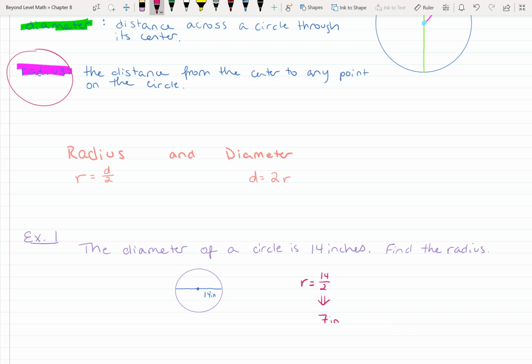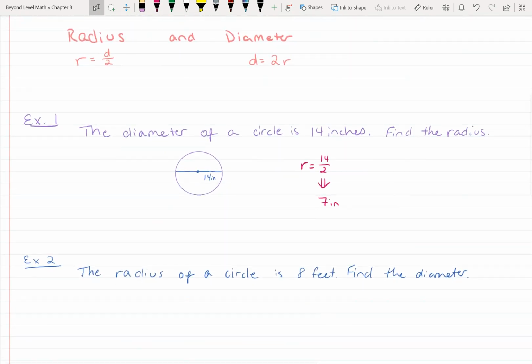Don't forget your units. 7 inches is the radius. So pretty straightforward, simple. Now, given the radius, if the radius is 8 feet, find the diameter. Diameter is radius times 2. So 8 times 2 gives us 16. And again, don't forget your units, it's 16 feet.